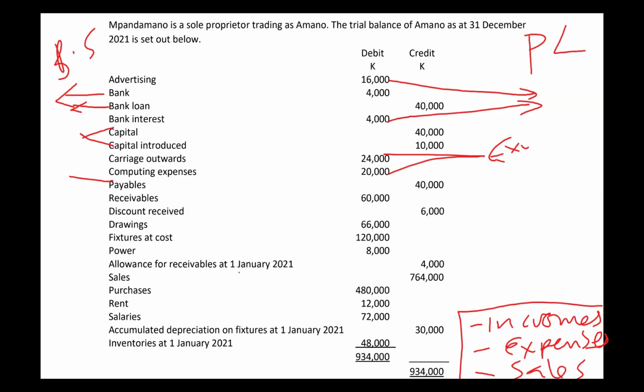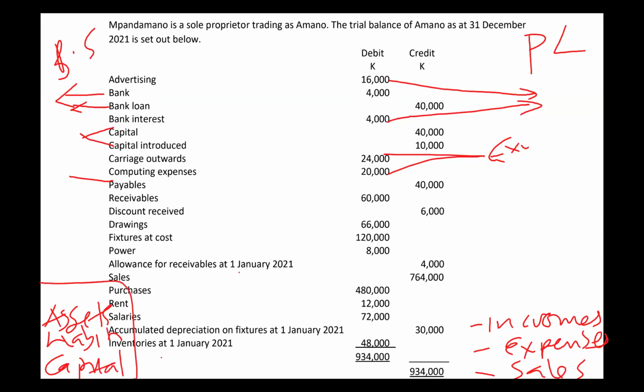Then when you come to the balance sheet, we have assets, liabilities, and the capital. You get the point, eh? These are what come on this other side. That's a guide. All right.